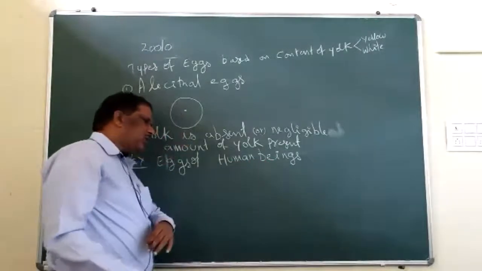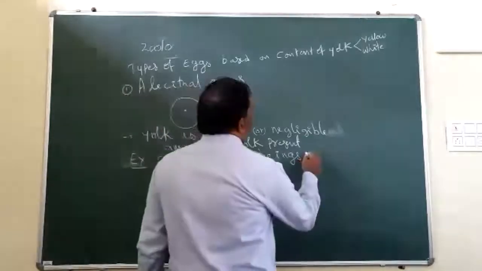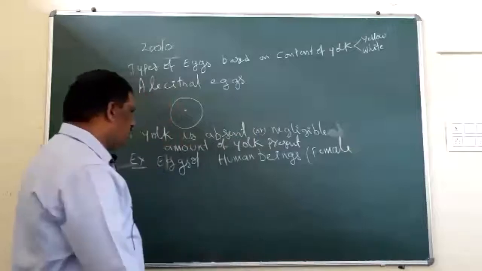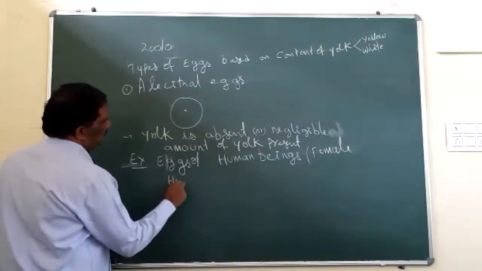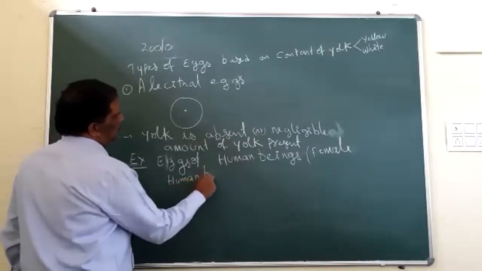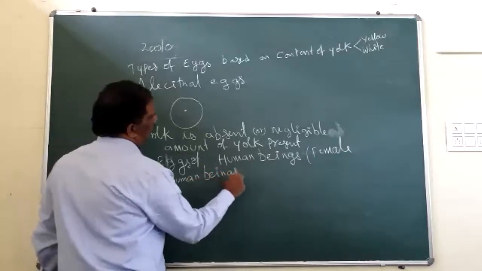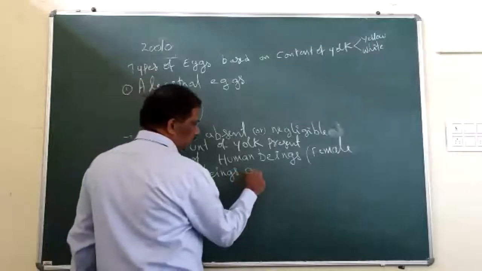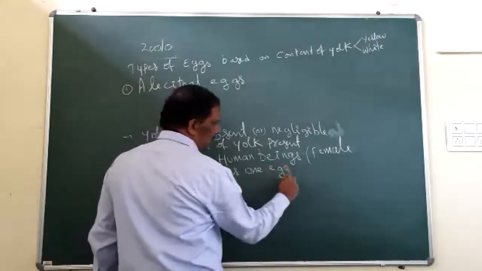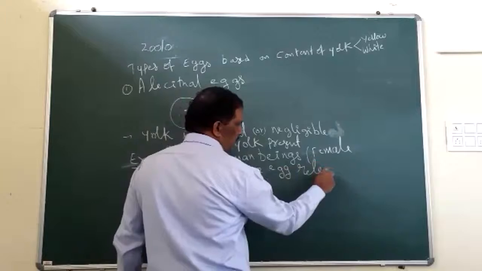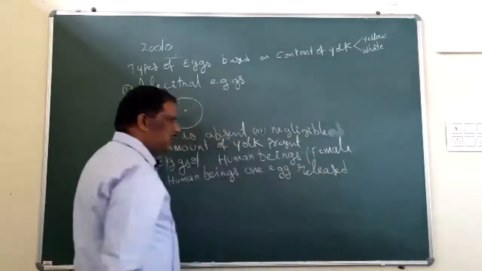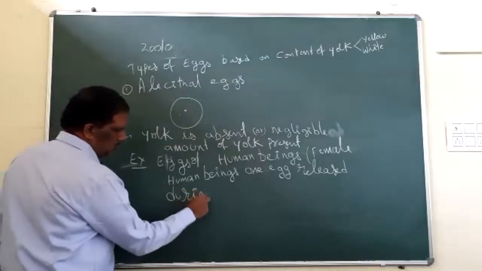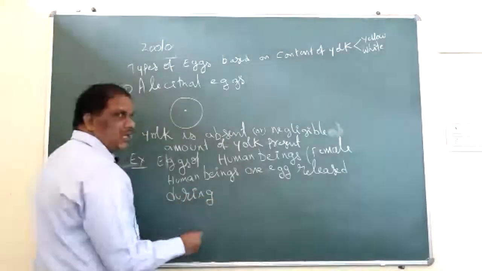Generally, in female human beings, per month, one egg is released during the menstrual cycle.